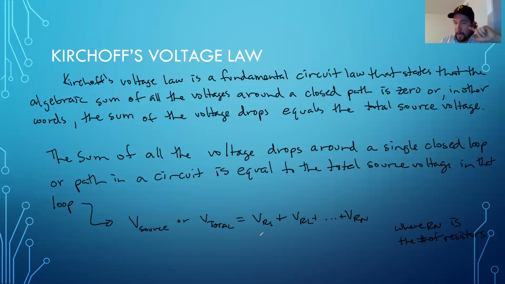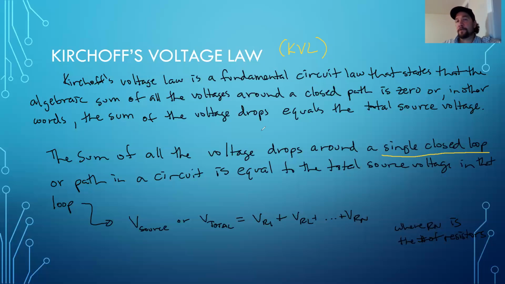Okay. I also want to accent a little idea here, right? It says the sum of all the voltage drops around a single closed loop or path in a circuit. So the reality is that this law, Kirchhoff's voltage law, which we sometimes call KVL for short, we will not say Kirchhoff's voltage law over and over again.